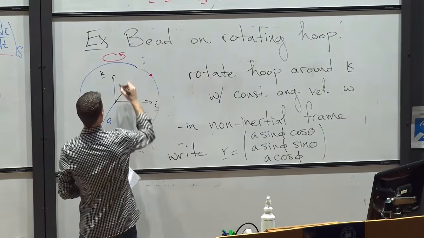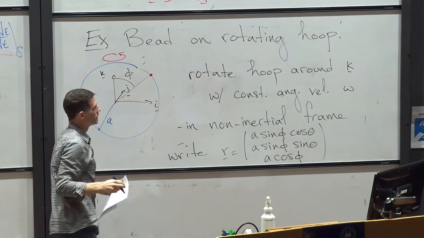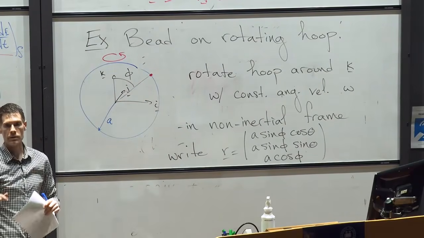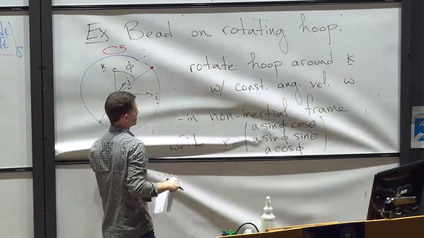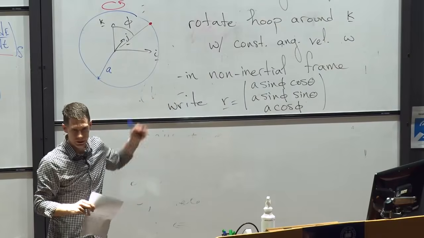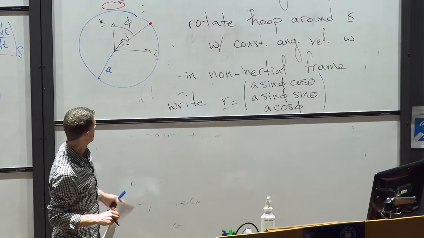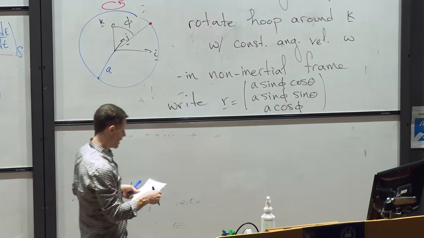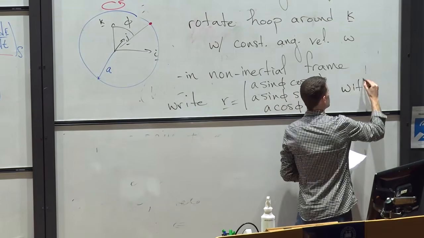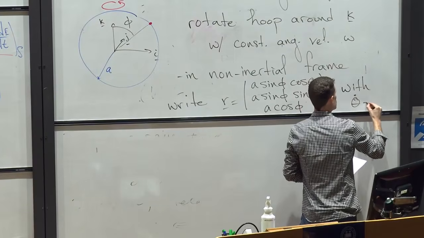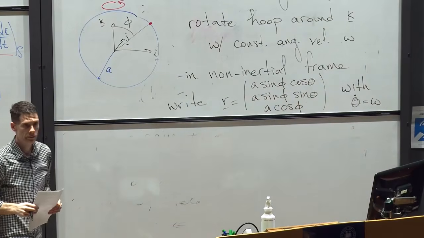So phi being that angle, and theta being the angle around the ij plane. And then we could write Newton's second law, take a bunch of phi dots and theta dots, and then what we need to use is that theta dot is actually given to us in the problem. It's fixed as omega. Right?